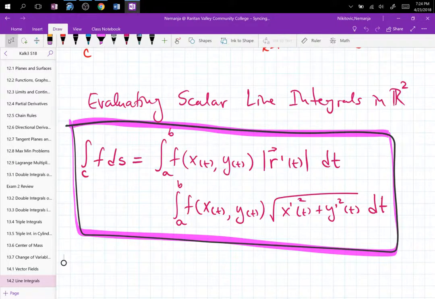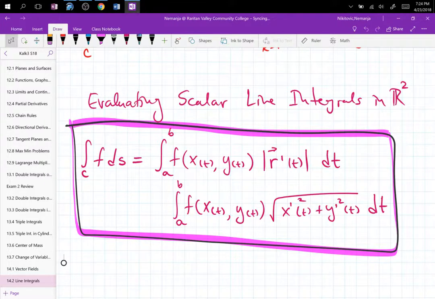Remember that the r, right? The good old r from 3 chapters ago, that good old r is the parameterization of the curve C. That r is x of t, y of t, in case of 3, right, z of t, and so on.